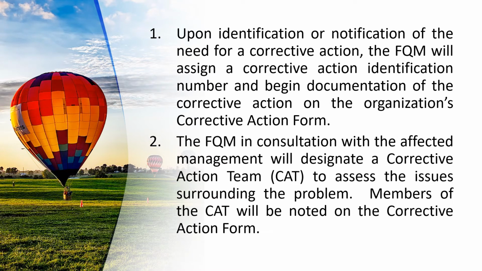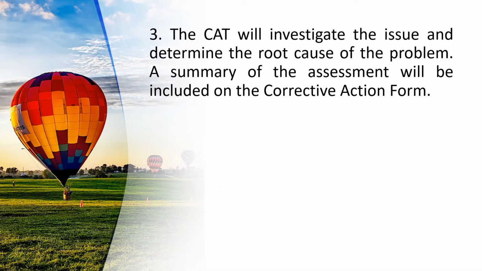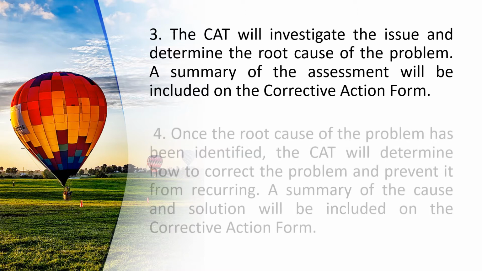Number 2, the FQM, in consultation with the affected management, will designate a corrective action team, CAT, to assess the issues surrounding the problem. Members of the CAT will be noted on the corrective action form. Number 3, the CAT will investigate the issue and determine the root cause of the problem. A summary of the assessment will be included on the corrective action form.